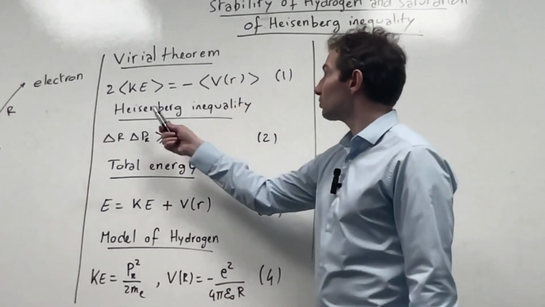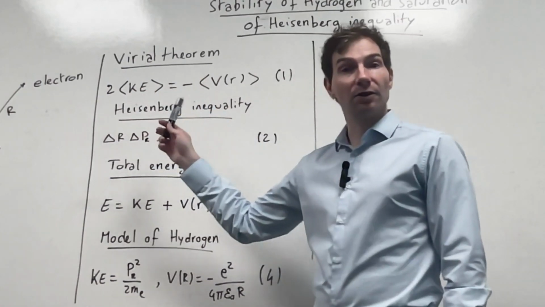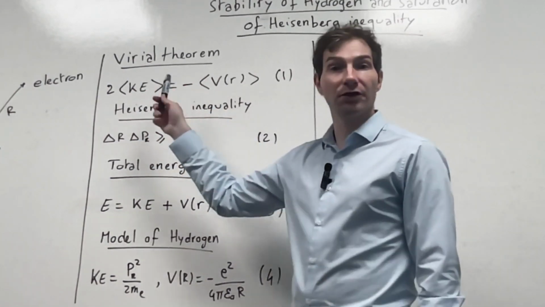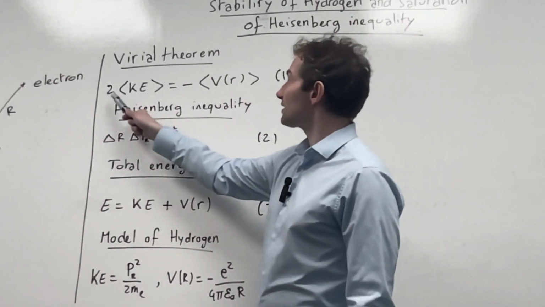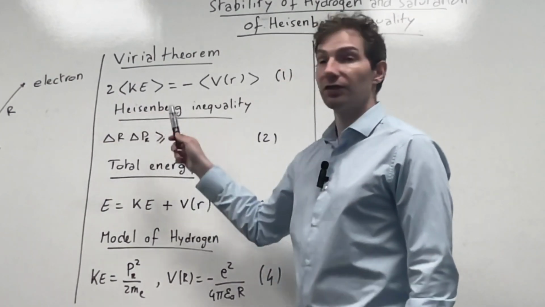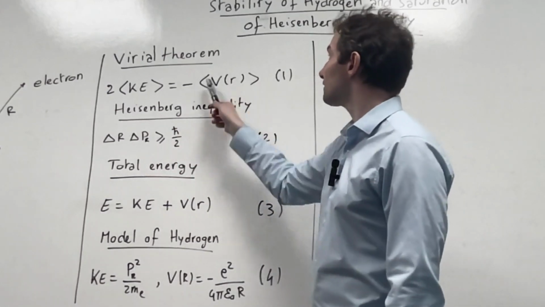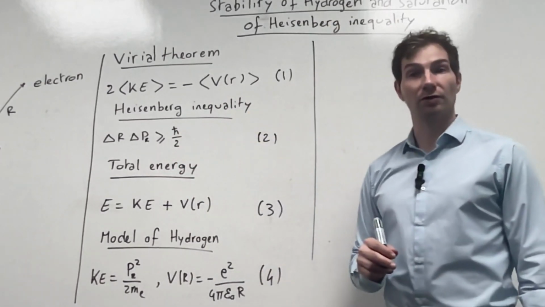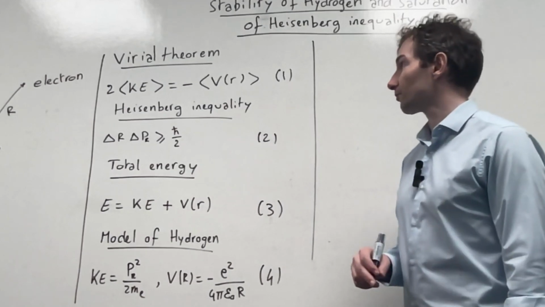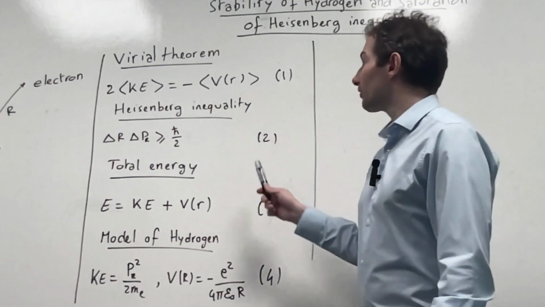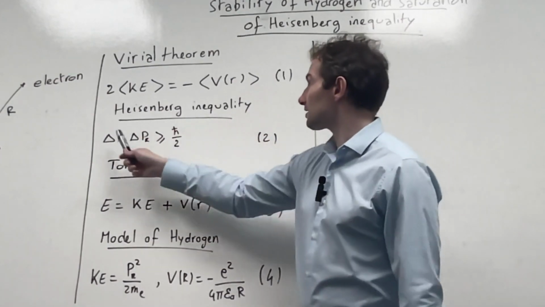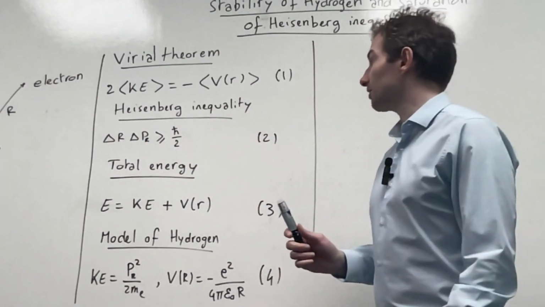And so what we can do in that context is use the virial theorem that we had derived in a previous video. It says that twice the kinetic energy is equal to minus the potential energy in your system, on average. Furthermore, the quantum part of it is the Heisenberg inequality.